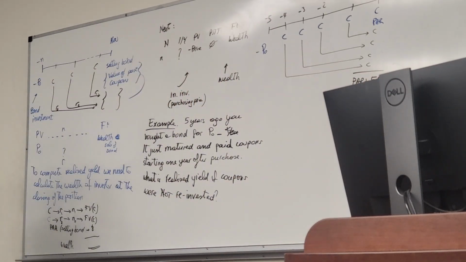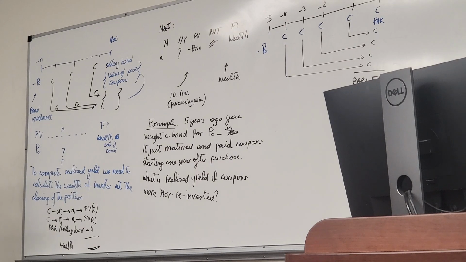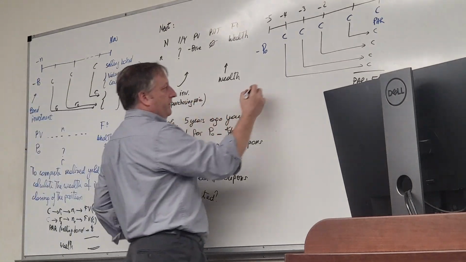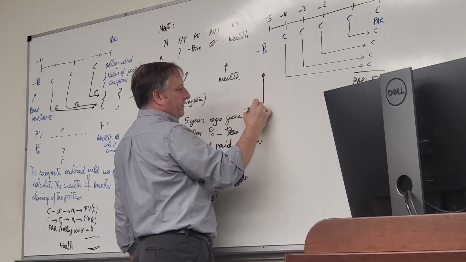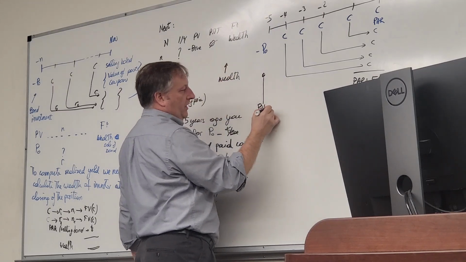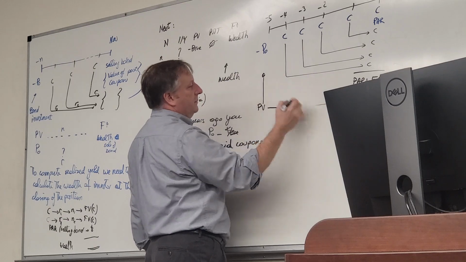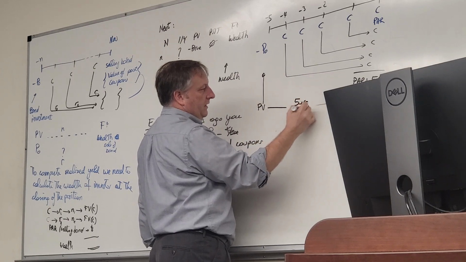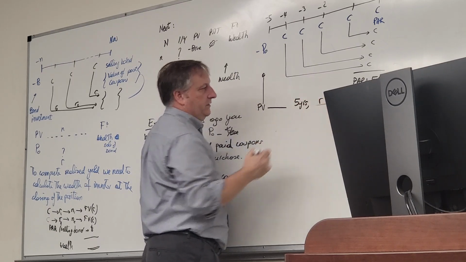So how well did you do in your bond investment? Well, this is your present value. This is your future value. How much time elapsed? 5 years. We want to figure out the interest rate.